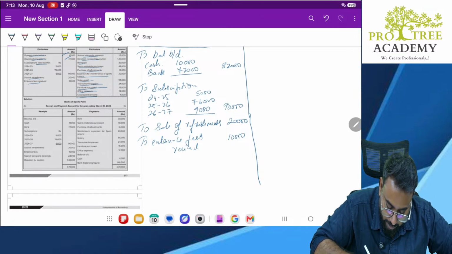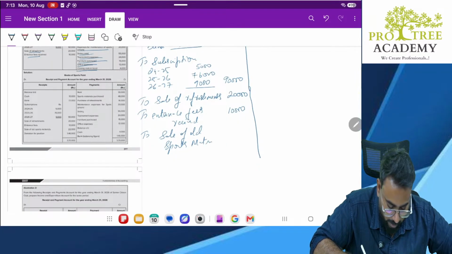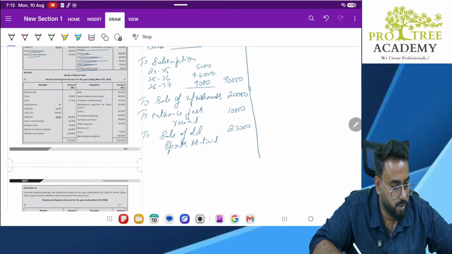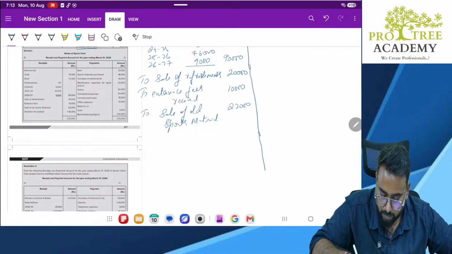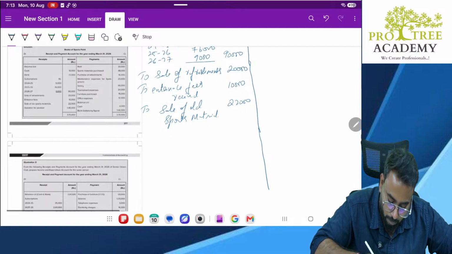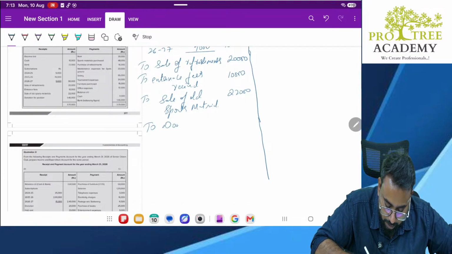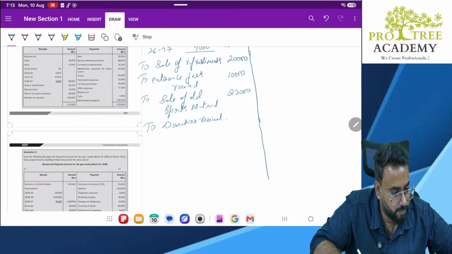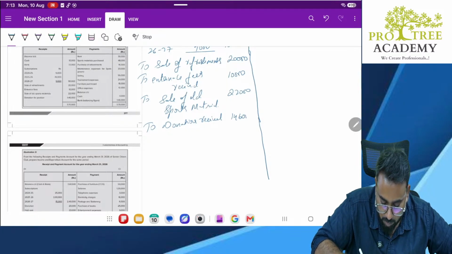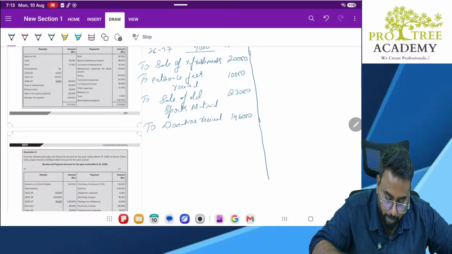To sale of old sports material, how much? 22,000. Next, donation received for pavilion. Two donations received, 1,46,000. Rent paid will come that side.